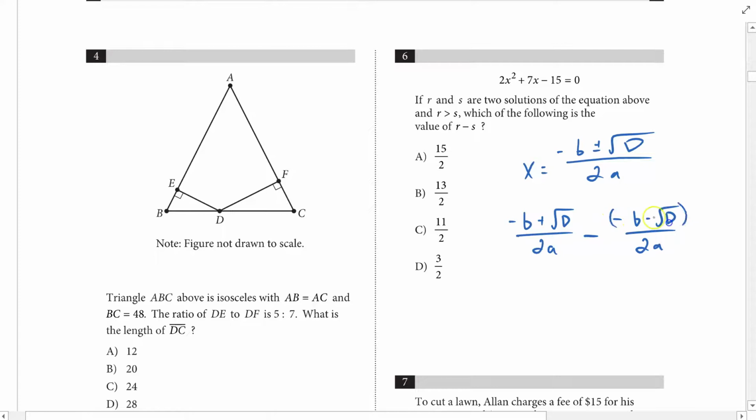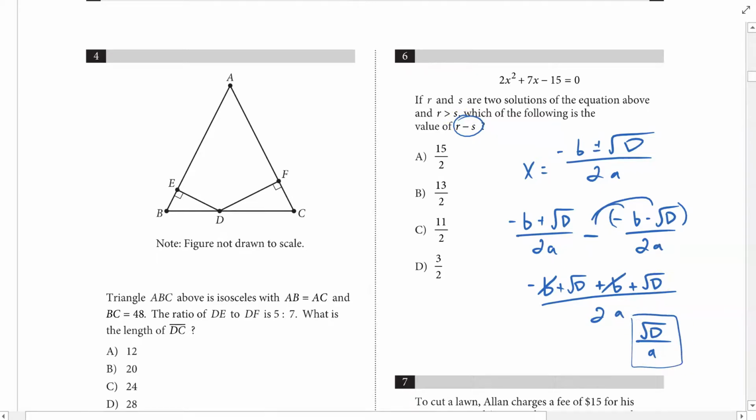That subtraction is going to get distributed to both of those terms, and it's going to become negative b plus the square root of the discriminant, plus b plus the square root of the discriminant, all over 2a. In other words, the b's are going to cancel out. You're going to have twice the square root of the discriminant over twice a, or the square root of the discriminant over a. So this is going to be the difference of your two answers. In other words, that's going to be your r minus s value.